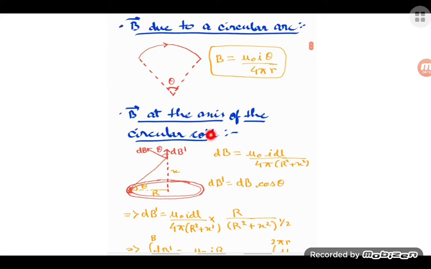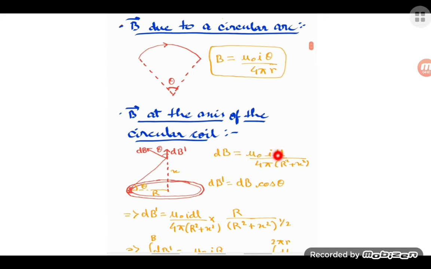Next, magnetic field at the axis of a circular coil. As in electrostatics, where I defined it very carefully, by taking a small element dx we first calculate its contribution of magnetic field at this particular position, and then we integrate it throughout the whole ring to get the entire formula for the ring. I have done this the same way.